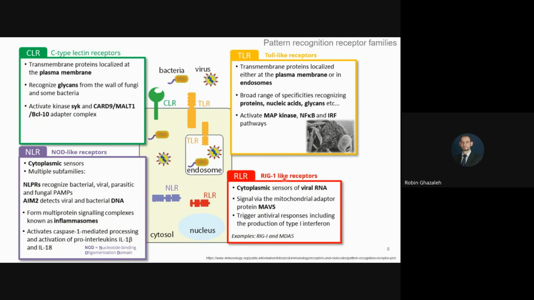RIG1-like. Sounds similar to toll-like, doesn't it? It's a common theme in molecular biology that at some point in history, somebody discovers something or understands the functioning of something, some gene, and they understand what that gene does, and then later they find that actually there are many other homologs.